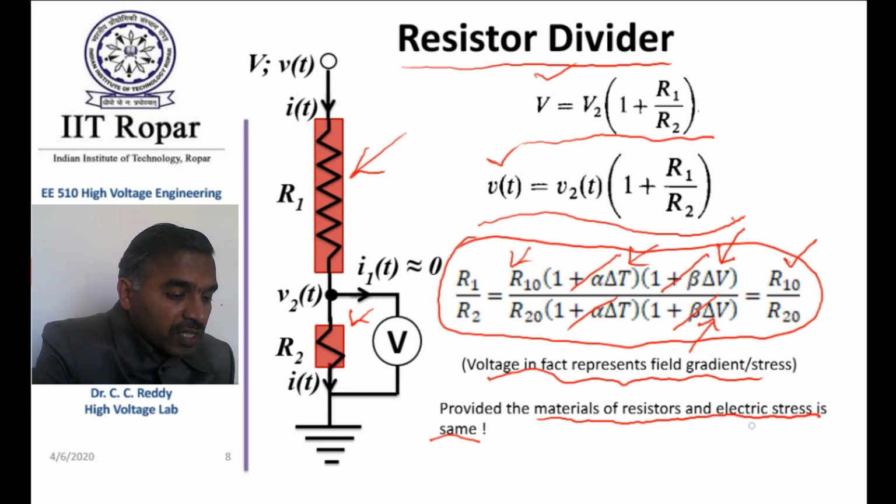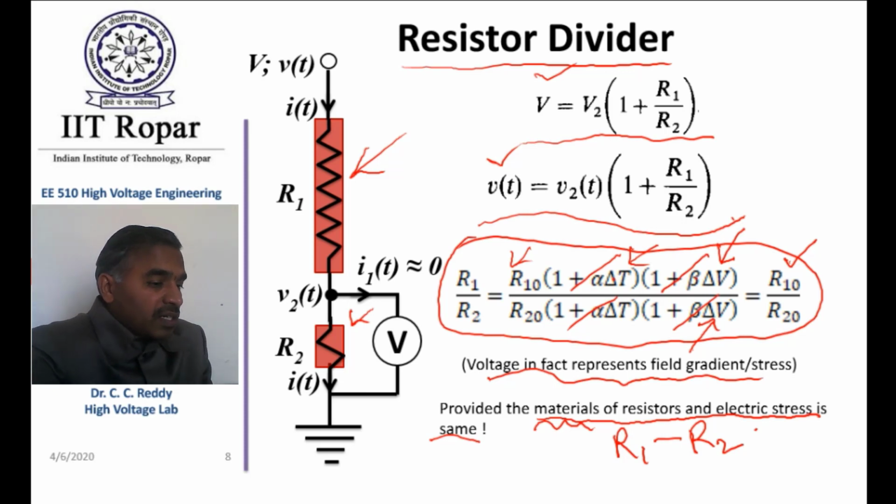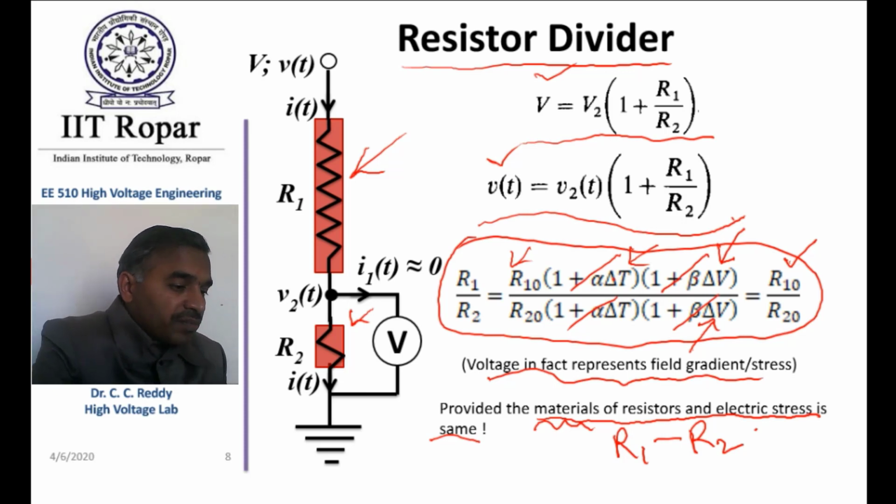So if voltage stress and material are the same, the same delta T should be there, no? So if both resistors R1 and R2 have the same material and the same electric stress, then these coefficients get cancelled. The influence of temperature and voltage can be neglected on the dividers.